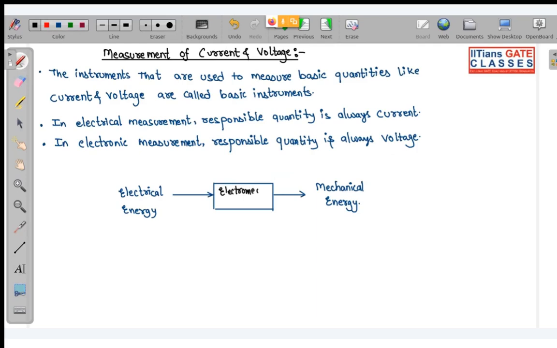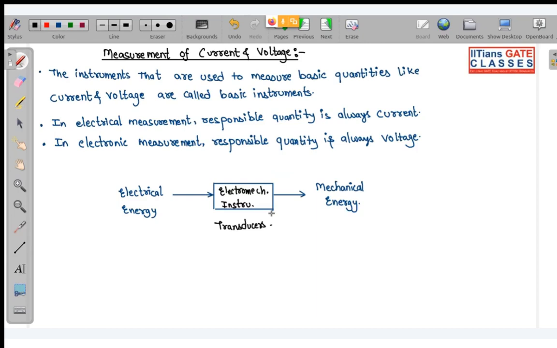Deflecting instrument, obviously. It is known as an electromechanical instrument, or if we study sensors and transducers, this is known as a transducer. So here we are going to take help of transducers to measure the equivalent current and voltages.